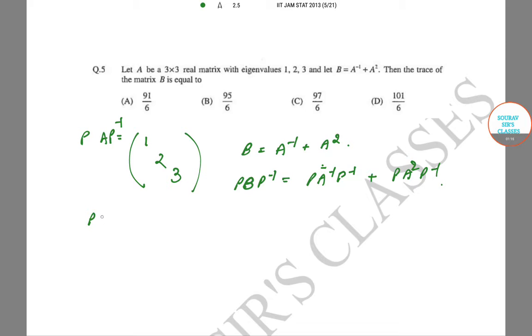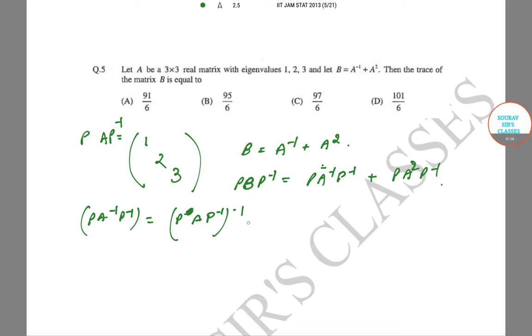Now PA inverse P inverse is equal to (PAP inverse) whole inverse, because the P inverse gets in the beginning, it becomes P, A has A inverse and we get P inverse.